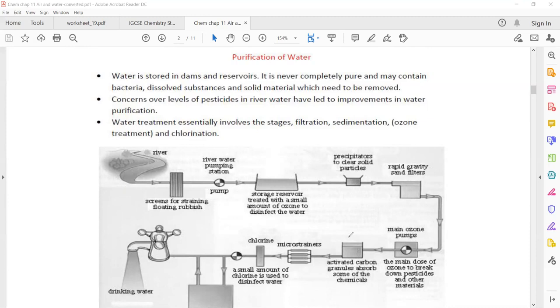This is a whole, complete process, but for your O levels, you don't have to learn it in this much detail. Only the specific points you should know for purification of the water.